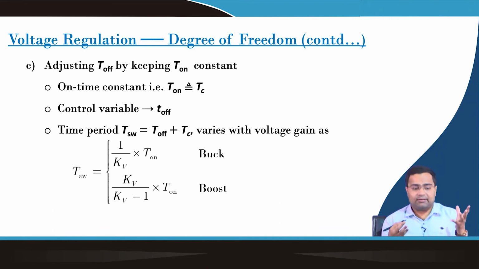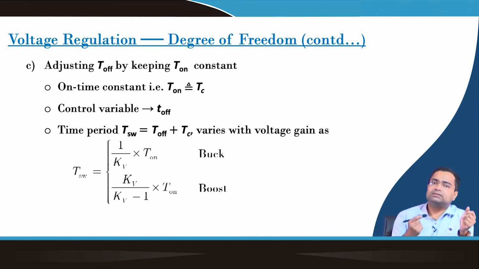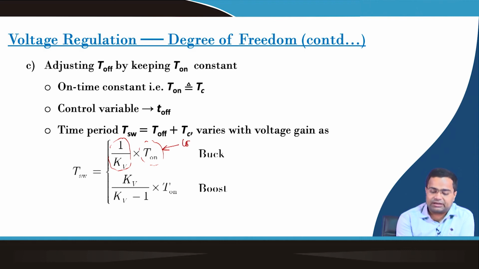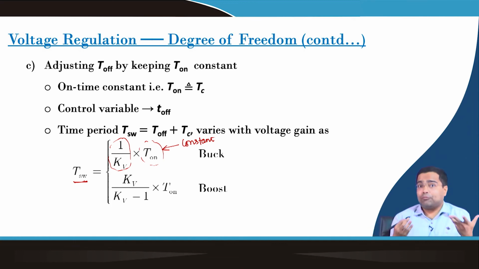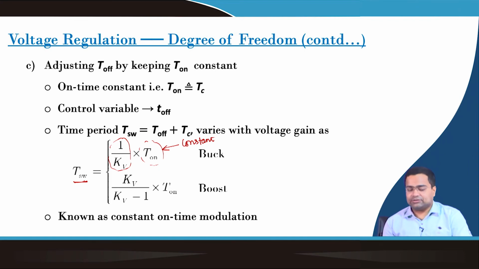The expression for the time period, which is TSW, the switching period, is a function of voltage gain multiplied by this on time, and this quantity is constant. That means TSW will vary when there is a variation in gain, that is, a variation in off time. This technique is known as constant on time modulation, and we will also discuss some case studies in detail in a subsequent lecture.